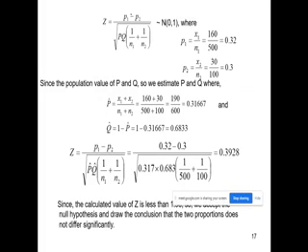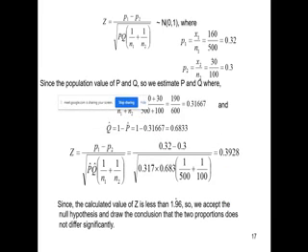The formula I have written again. P1 is 0.32, 160 by 500. P2 is 30 by 100, 0.3. Capital P, that is x1 plus x2 divided by n1 plus n2, I have found this. Capital Q, I have found this. Now I just replaced all these values in this expression. Ultimately on calculation we get this. So this is my Z value.